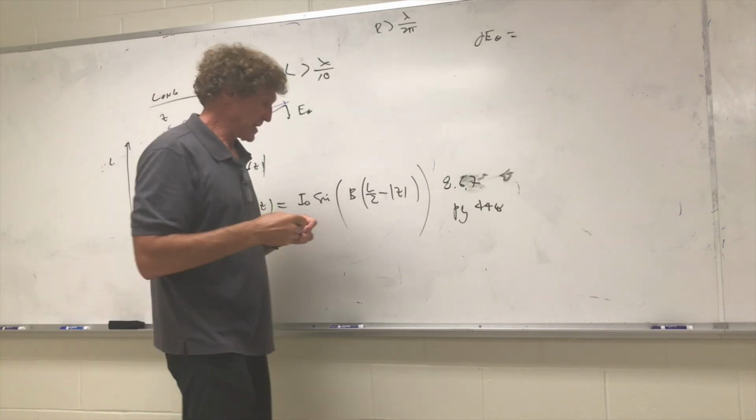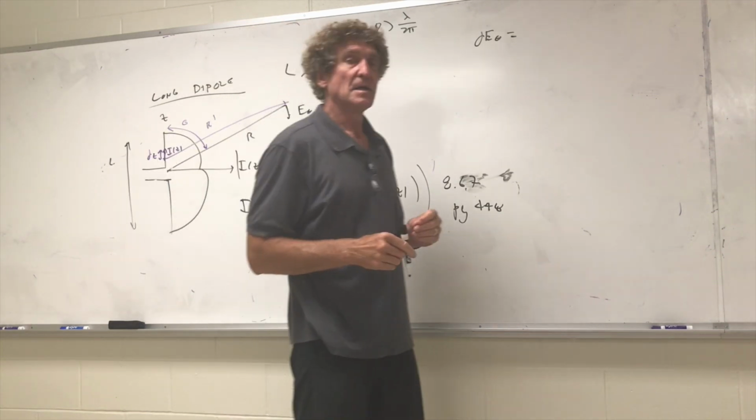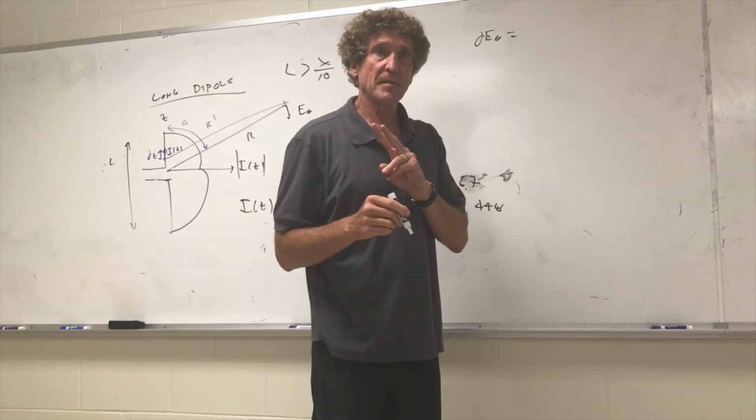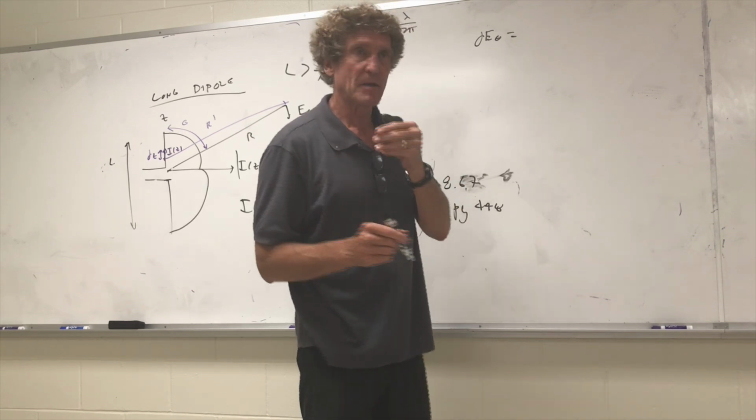So the differential electric field from this differential chunk of current, just let me go through this one time, and I think I did part of this. I don't remember how far I got, but I want to just complete my thought here.